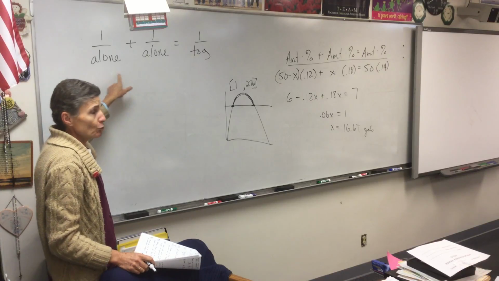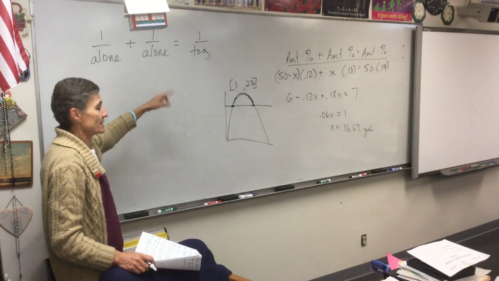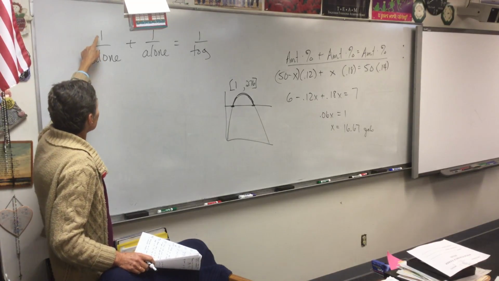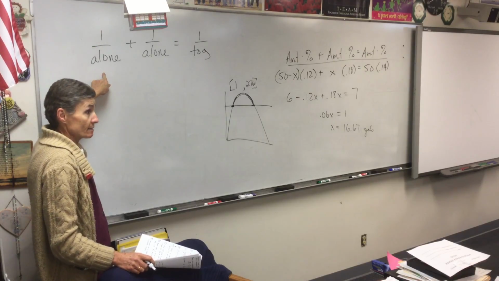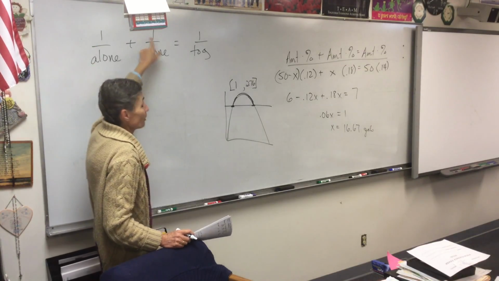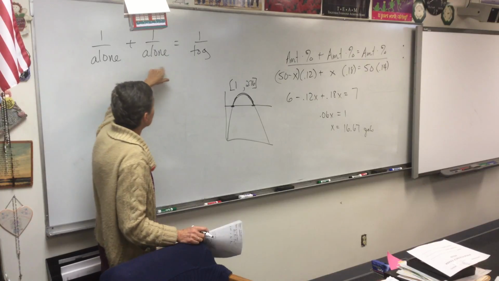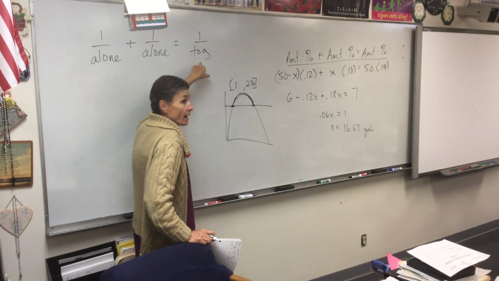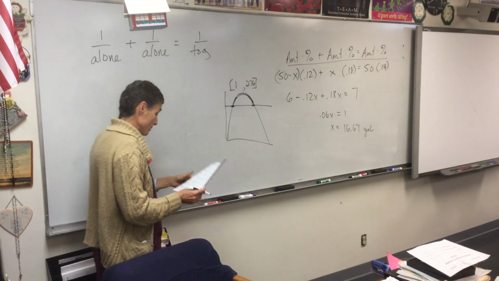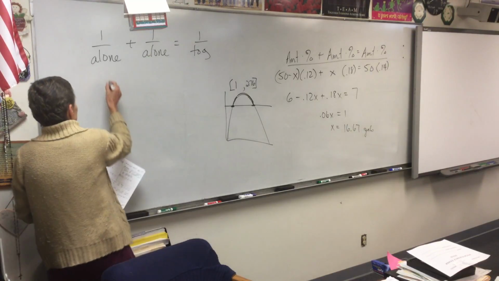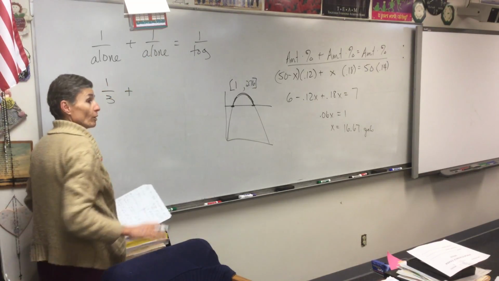So you normally have 2 people. This will work with 3 people. It doesn't matter how many people you have. 1 over the first guy's time alone plus 1 over the second guy's time alone will be 1 over their time together. So in this problem, Rachel takes 3 hours, so we're going to start with 1 over 3.